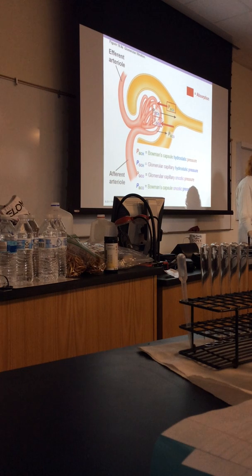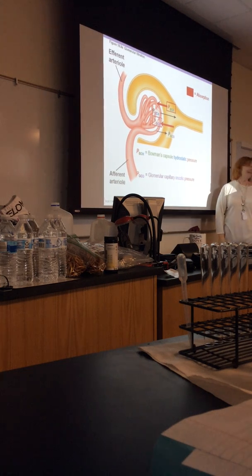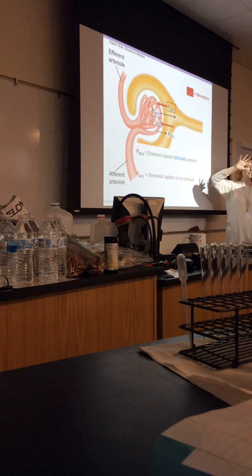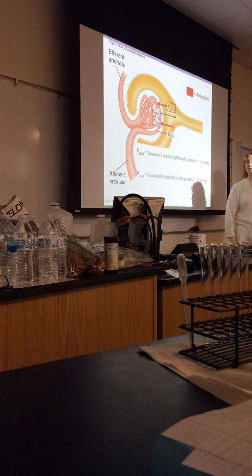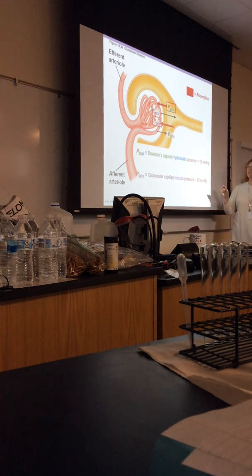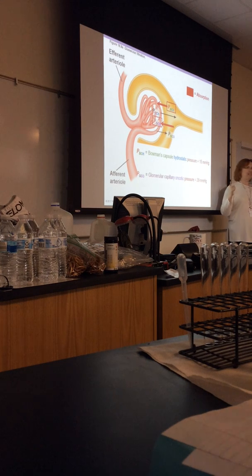So let's look at those two. And again, back to that previous slide where we started with the Starling forces and their pressures. My Bowman's capsule hydrostatic pressure is 15.